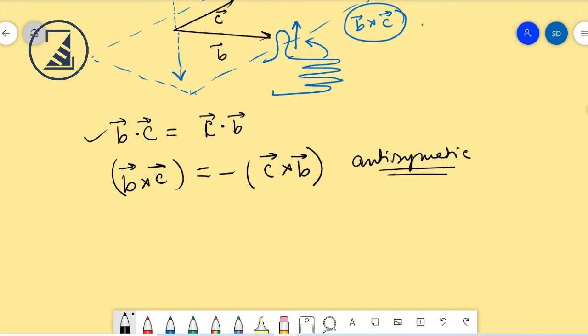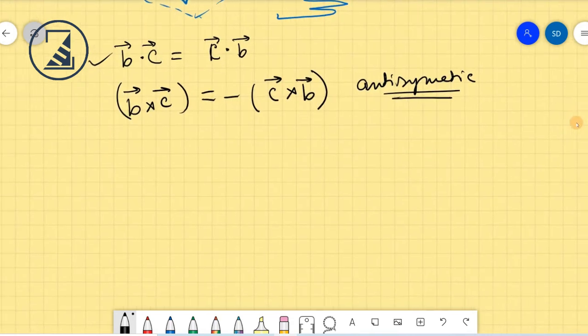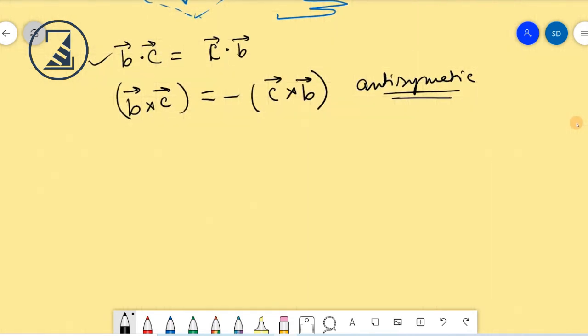Now, why is the cross product antisymmetric? We have discussed a lot of insights into the cross product, and this antisymmetry is not very hard to pinpoint. So we will take two logics. The first logic is the right hand thumb rule.